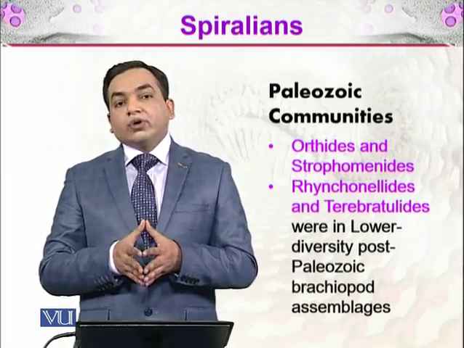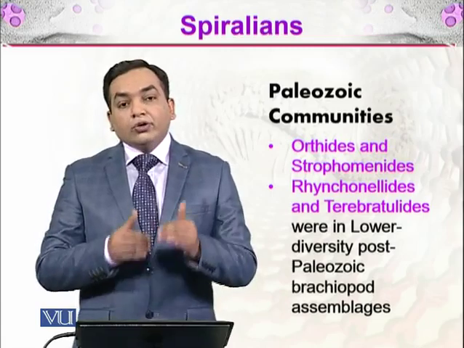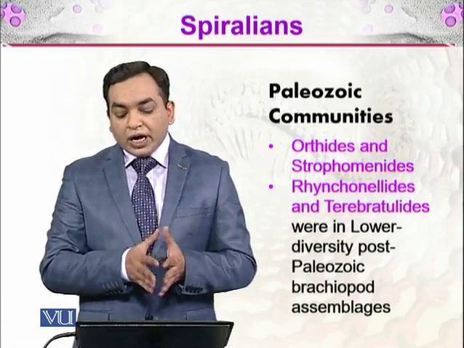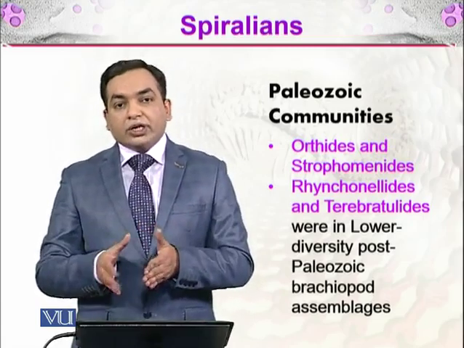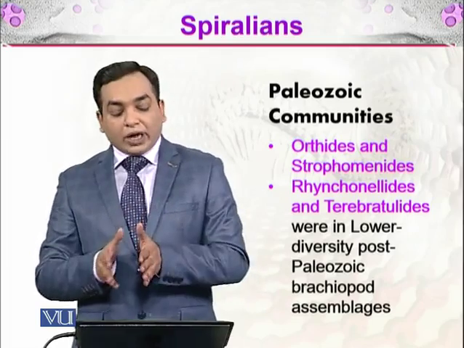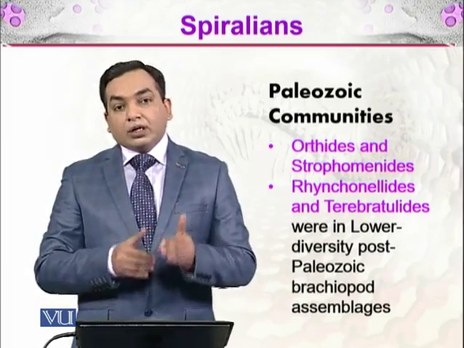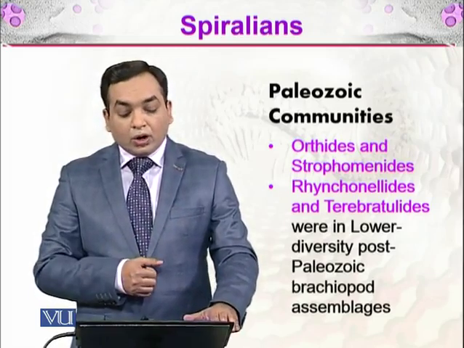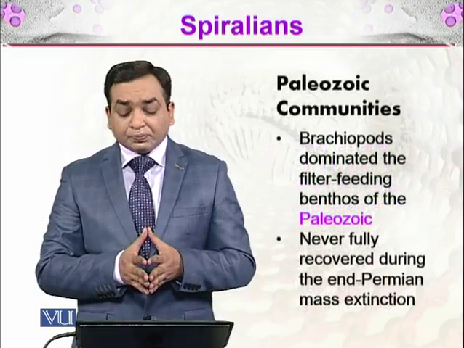So these are the different organisms which were present during the Paleozoic communities, and we can study those, as well as the post-Paleozoic ones. The last two which we have discussed were present after the Paleozoic ended, and at the end of the Paleozoic, these two communities and these two organisms were present.